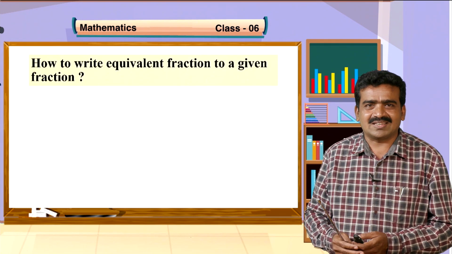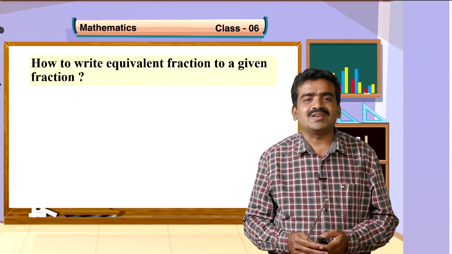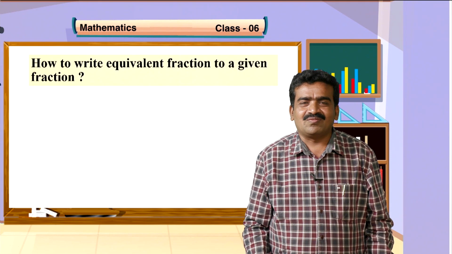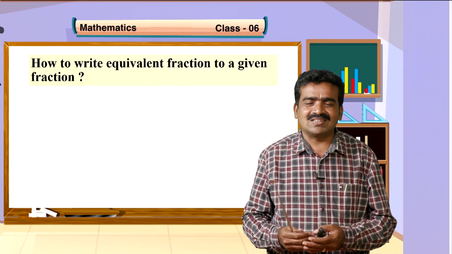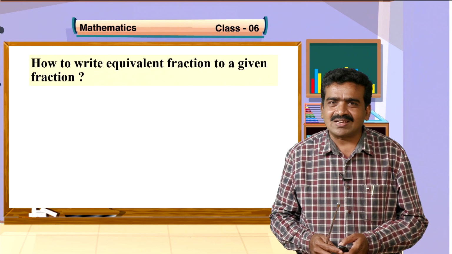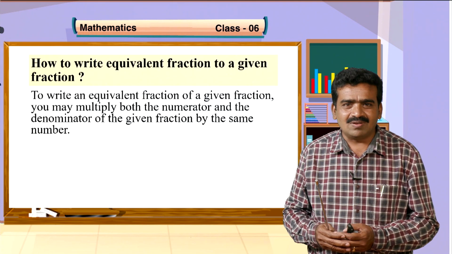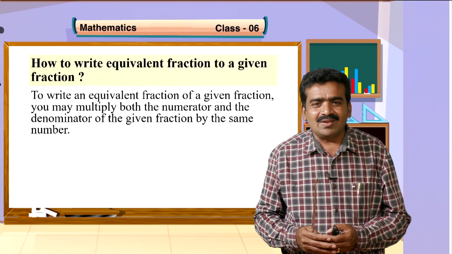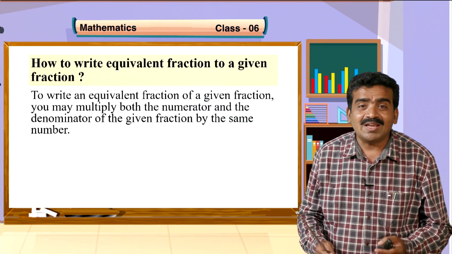Now, let us come to the second question. How to write equivalent fractions to a given fraction? It is familiar to you. You are familiar with identifying equivalent fractions if a set of fractions is given. Now, let us try to write equivalent fractions for a given fraction. To write the equivalent fractions for a given fraction, you may multiply both the numerator and denominator of the given fraction by the same number.